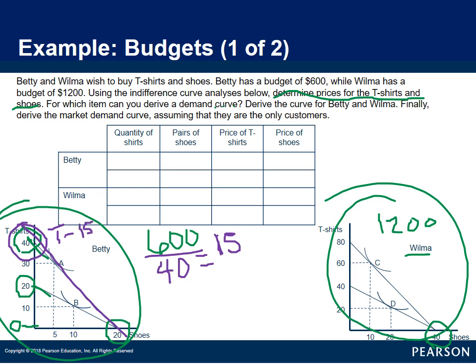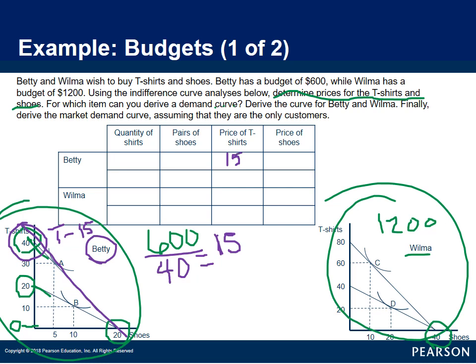Now we can start to fill in some of this graph up here. We're looking at Betty to begin with. So the price of t-shirts for that first line is 15.